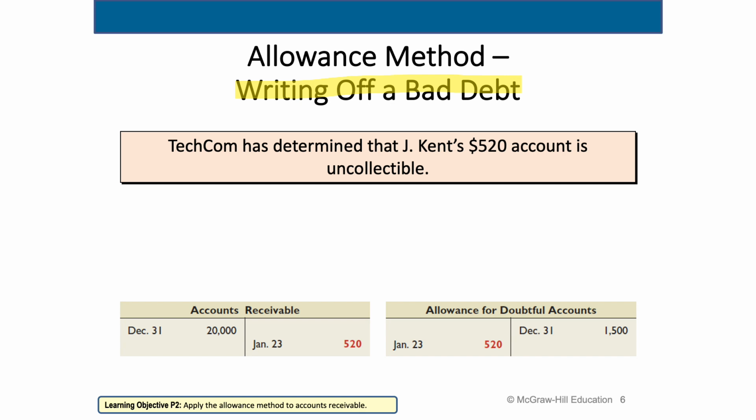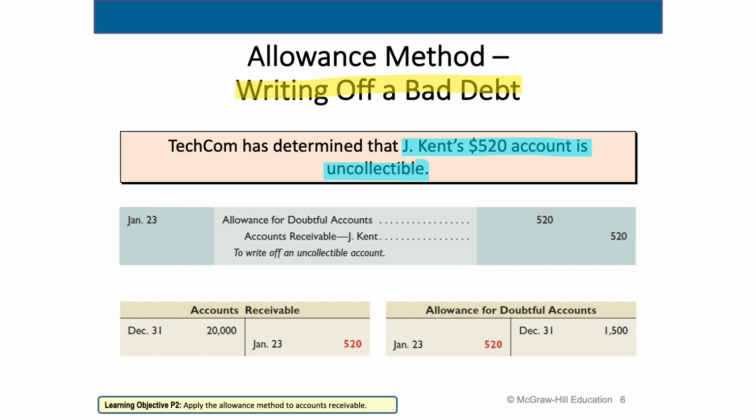If you're sure that this customer in particular is not going to pay, then you need to write off the bad debt. So how are you going to record the entry? You're going to say allowances for doubtful account, you are going to close your allowances for doubtful account, and you are going to close your account receivable.